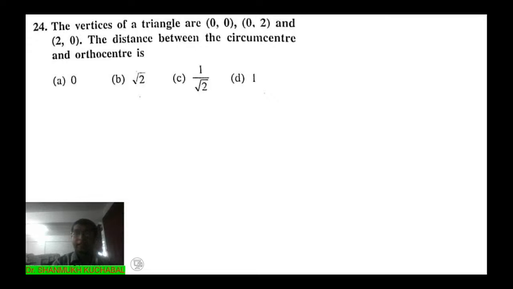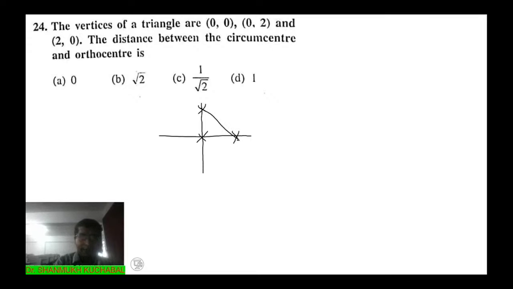We'll take these points using a coordinate system. (0, 0) is the origin, (0, 2) is a point on the y-axis, and (2, 0) is a point on the x-axis.